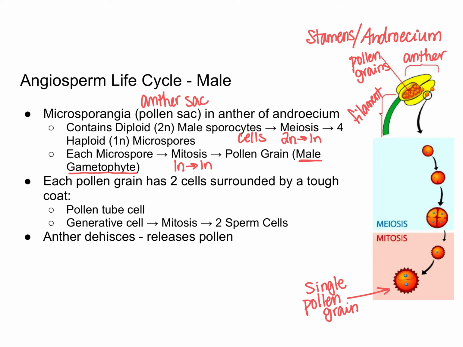So if we look at this picture over here, we're starting with our microsporocyte here. That's going through meiosis to ultimately form 4 haploid microspores. And you can see them inside here. So they start out stuck together, and there are 4 of them.